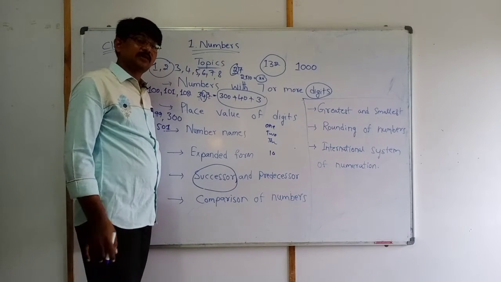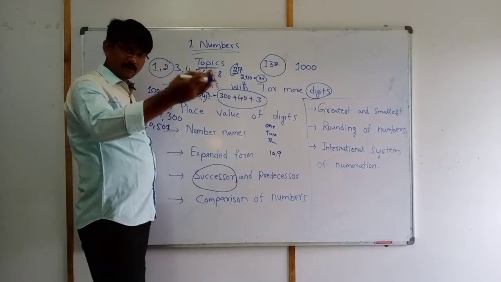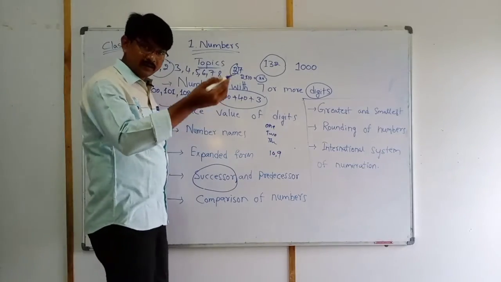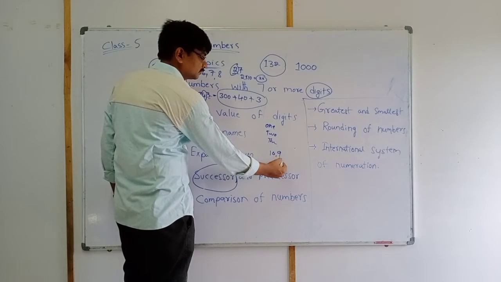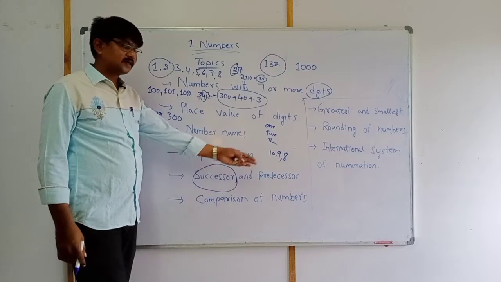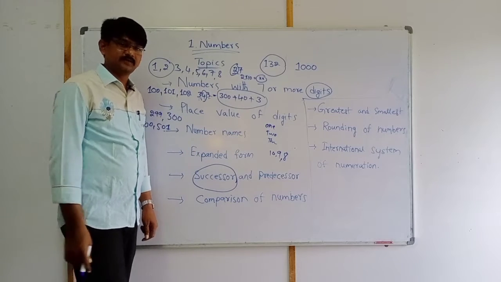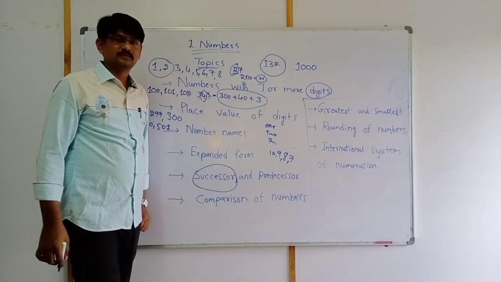What is the predecessor of 10? 9. One number decreases. What is the predecessor of 9? 8. Of 8? 7.